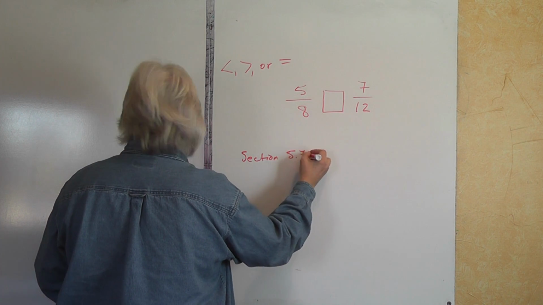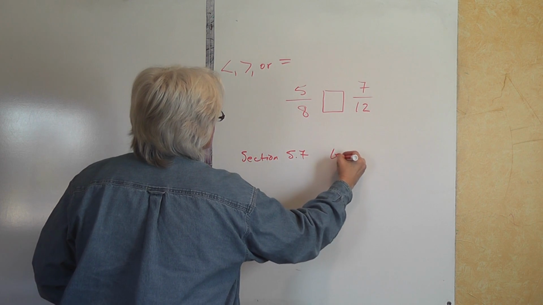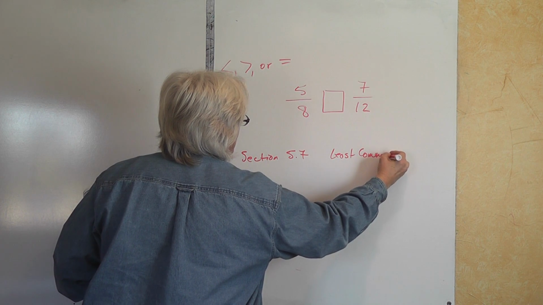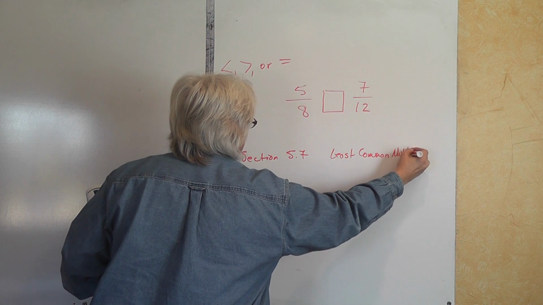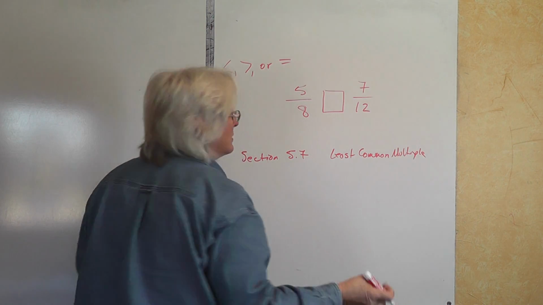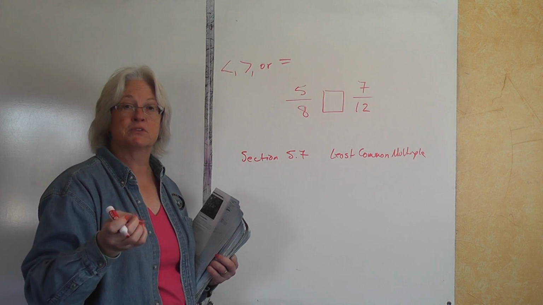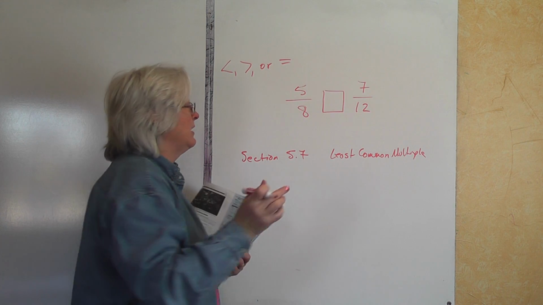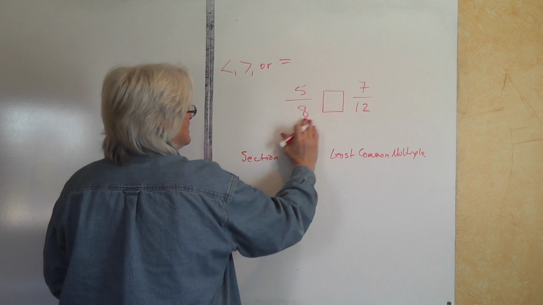Section 5.7 is the least common multiple. With least common multiples, this is what you're looking to find for a common denominator. I'll show you with this example right here.